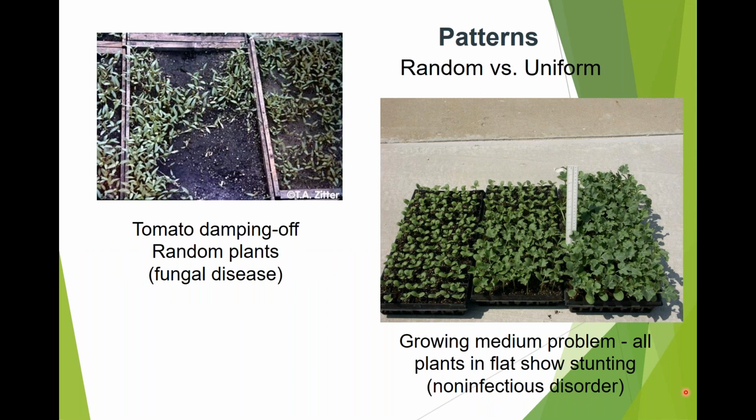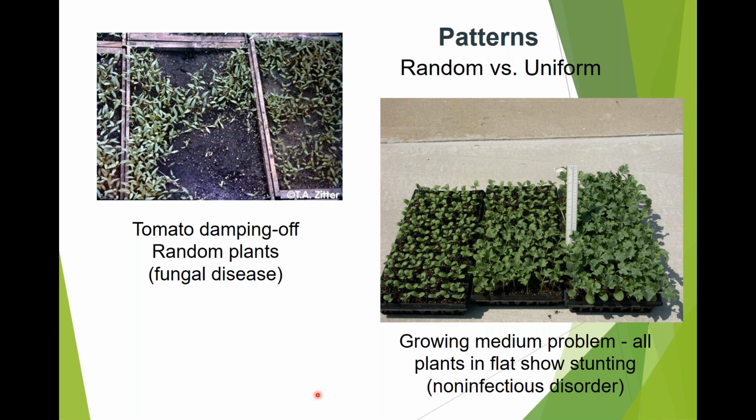Here again, we've got seedlings and we've got damping off, and there seem to be areas. There's a section here, a section here, here, and here, more random in distribution across flats. With the case of the melon seedlings here on the right, sometimes you may not even know, if you didn't have them to compare, that there was a problem. But there is a growing medium issue.